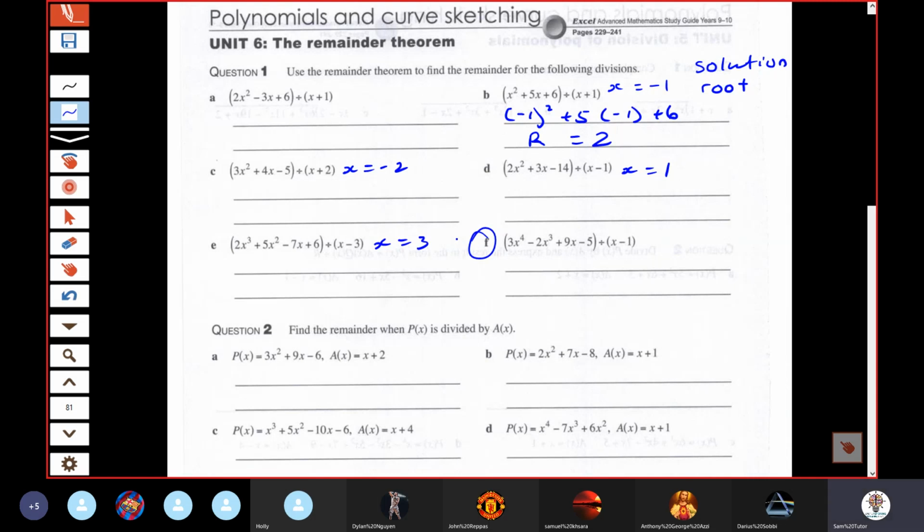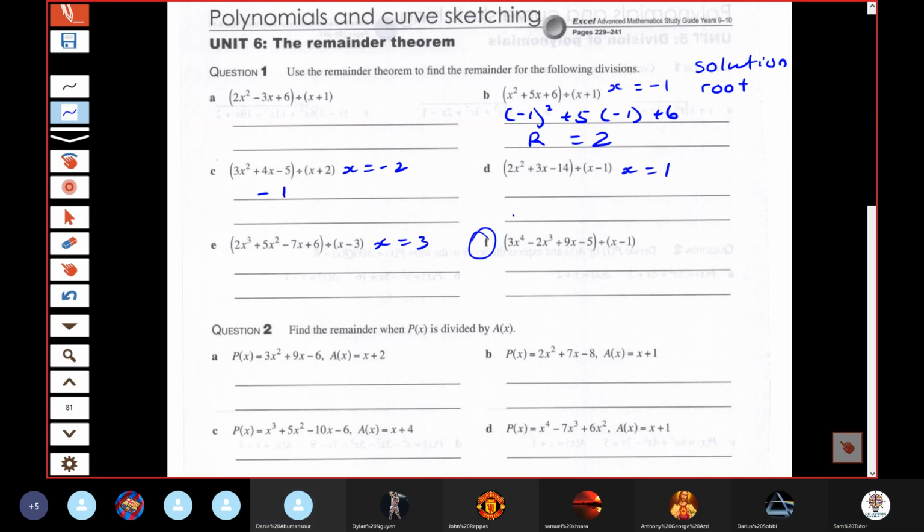So someone's got an answer for us for C, so we can check. Oh, I got -1. -1. Yeah. Can somebody confirm? I got -1 as well.